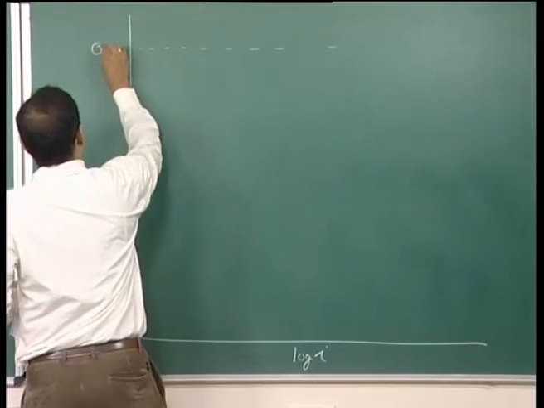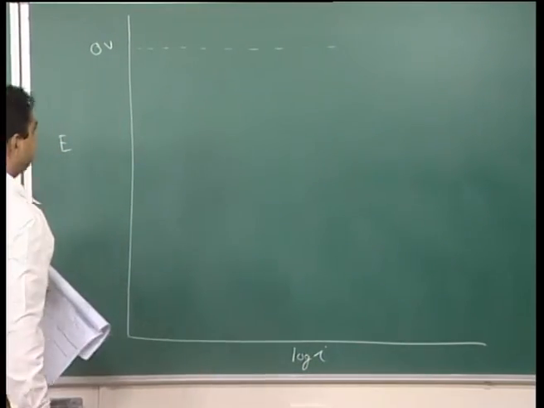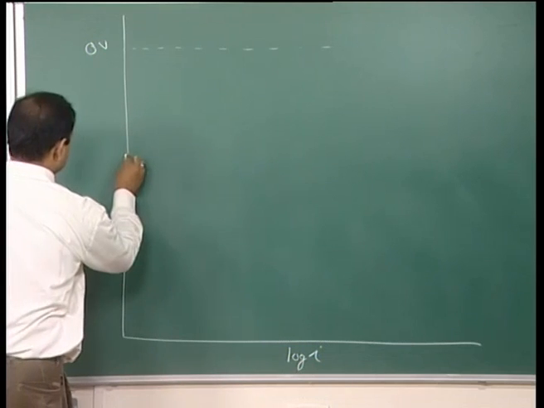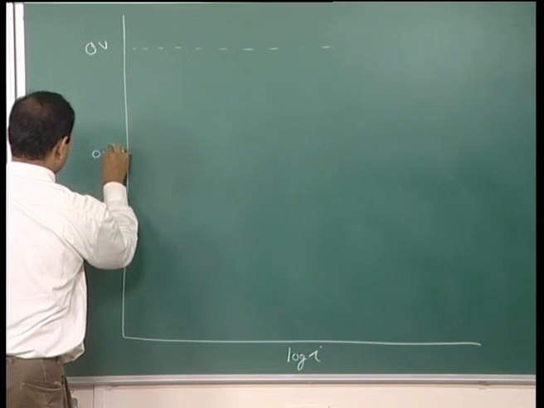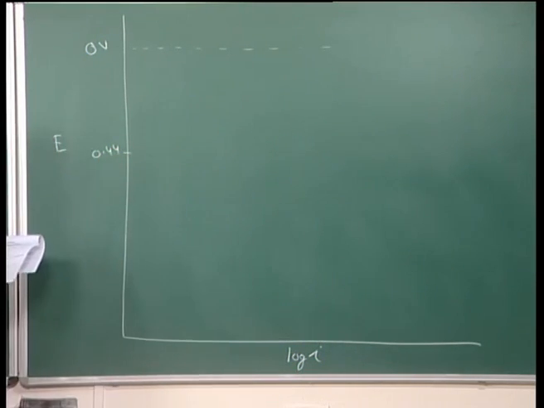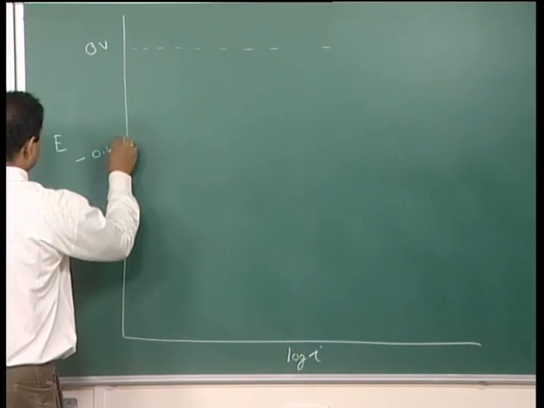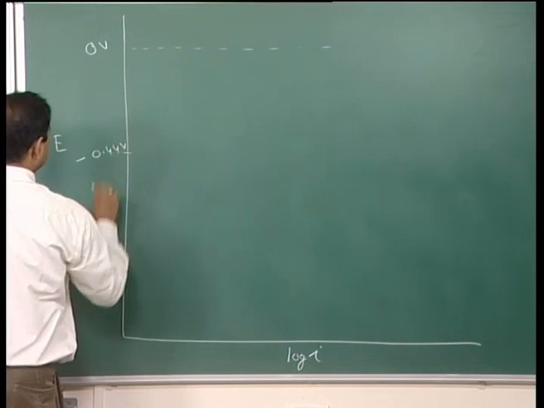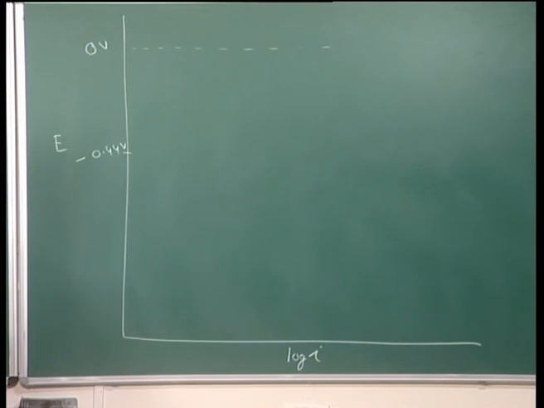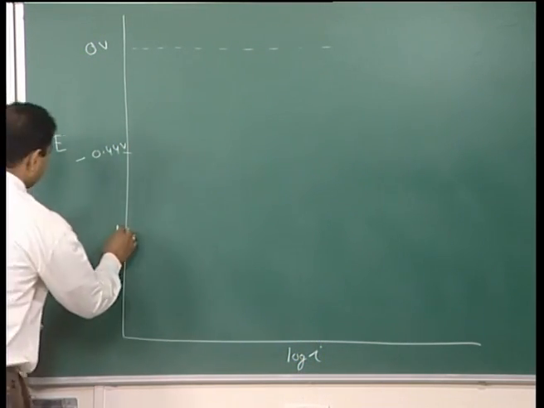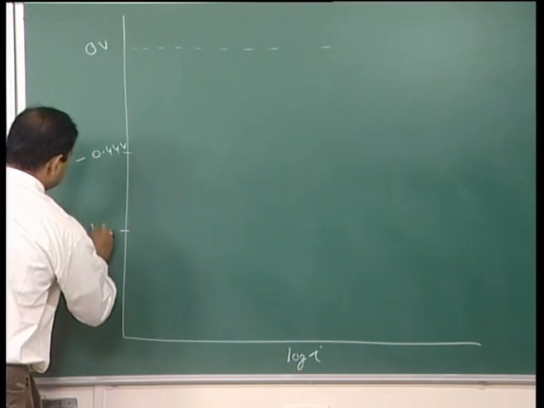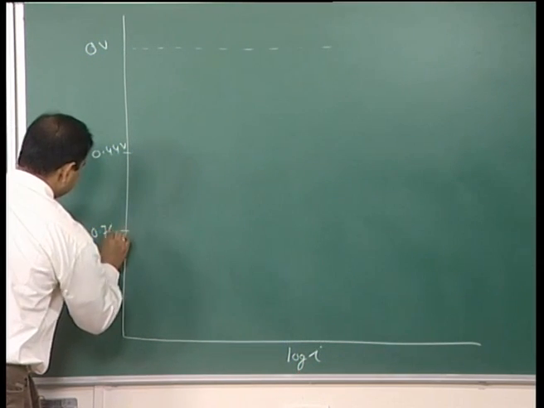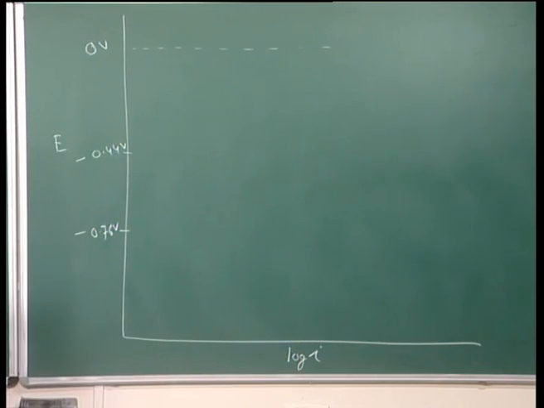This is my 0 volt and this is my minus 0.44 volt for iron. This is minus volt for iron, the standard reduction potential, and this is my standard reduction potential, minus 0.76 volt, for zinc.